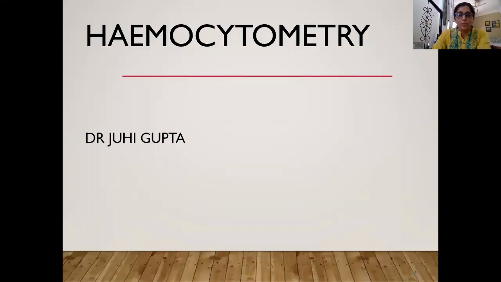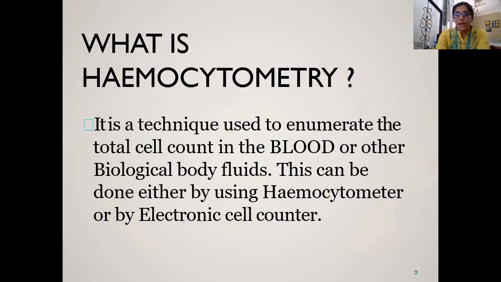So here we begin with hemocytometry. As I explained to you, hemocytometry is a measurement of the cells in the blood. Now, since we have all seen our blood, it is a composition of cells in a very large number and it is very compact.